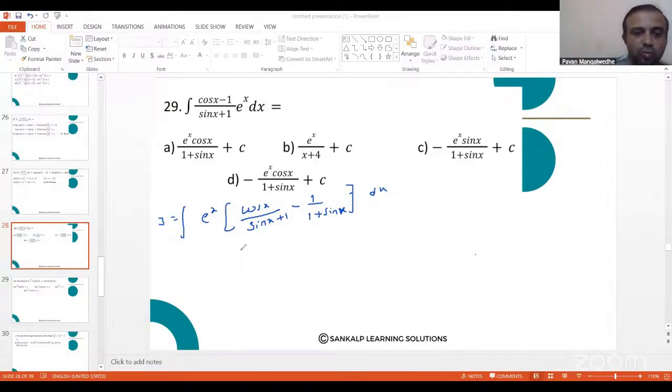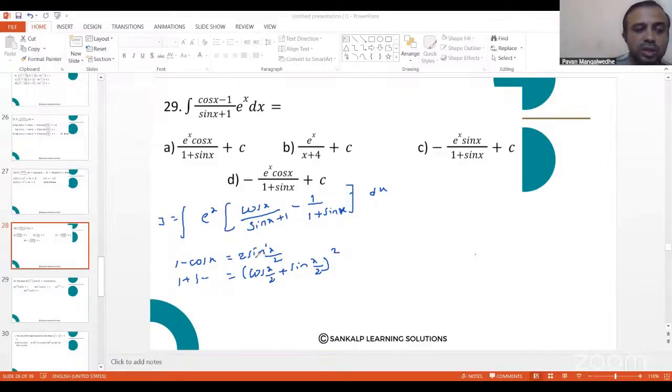So 1 minus cos x is equals to 2 sin square x by 2, the half angle formula. And 1 plus sin x is cos of x by 2 plus sine of x by 2, whole square.